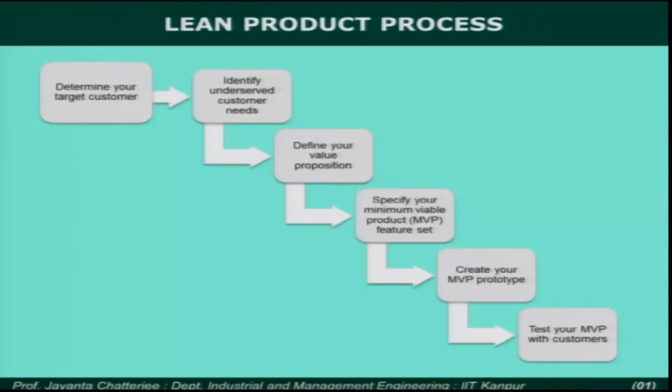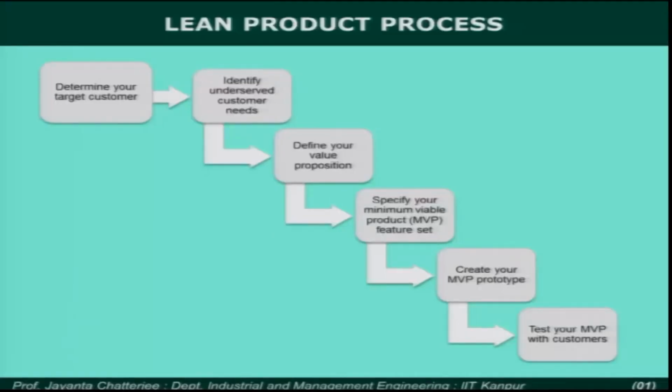Then you identify and understand those customer needs in depth, their pains and what gains you can offer, and then you define your value proposition. Up to these three steps are what we discussed in detail in the last session.